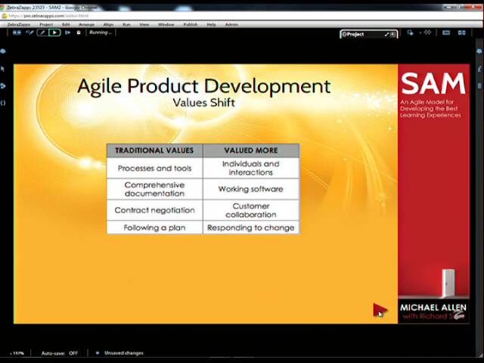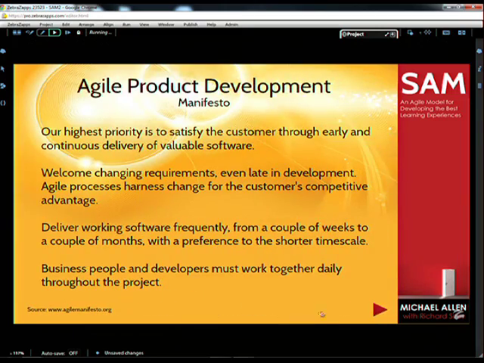So I'm going to borrow just a little bit from some things that have been said about Agile. For example, our highest priority is to satisfy the customer through early and continuous delivery of valuable software. So one of the worst things to happen is to work on an instructional program for a few months, and have the key stakeholder take a look at it when you pull back the draperies and say, I didn't think it was going to be like that at all.